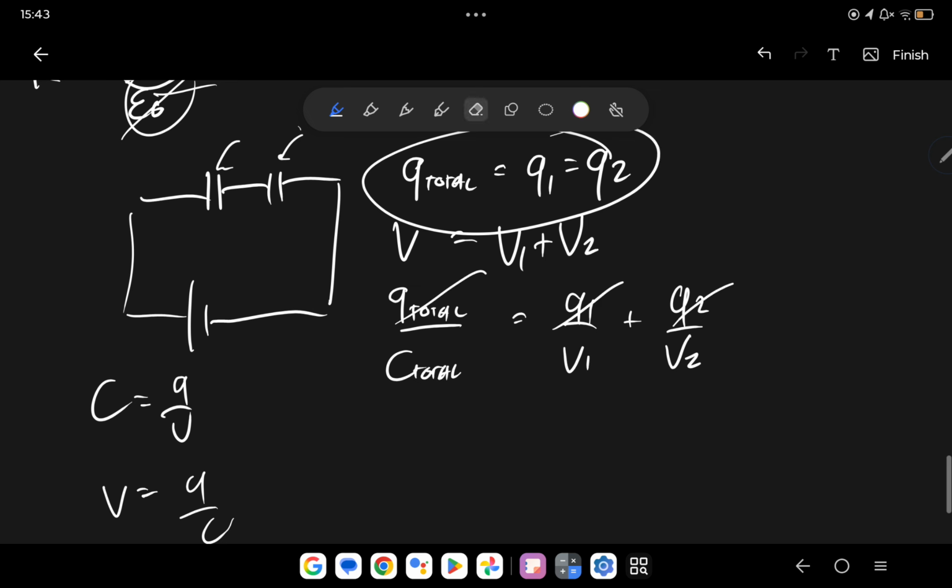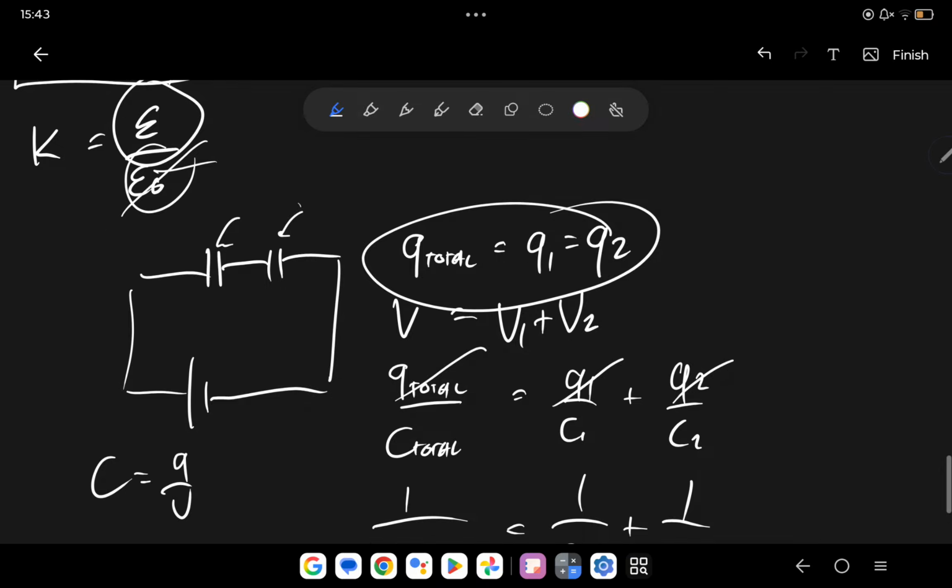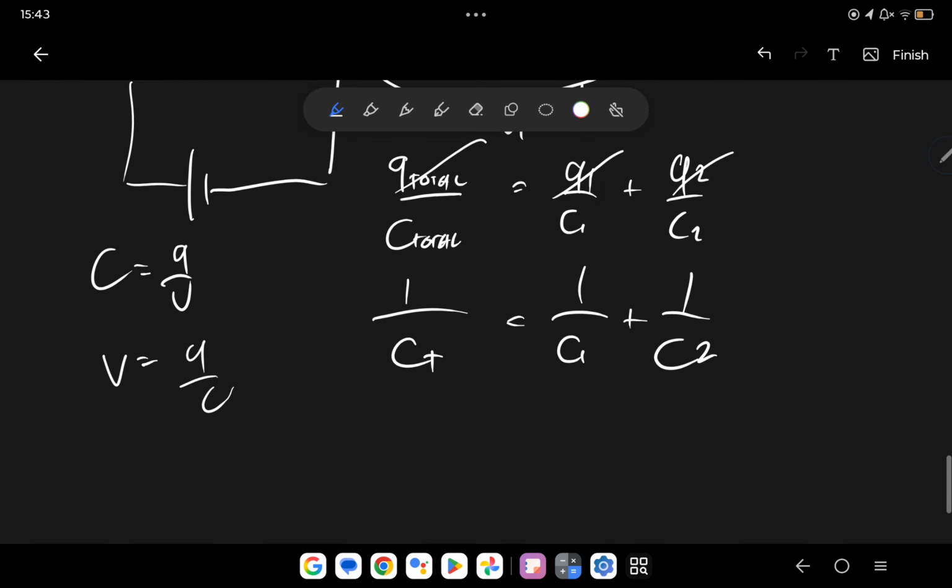Wait, why is it V? It's supposed to be C. Oops. C1, C2. So we get the total capacitance of capacitors in series is 1/C = 1/C1 + 1/C2.